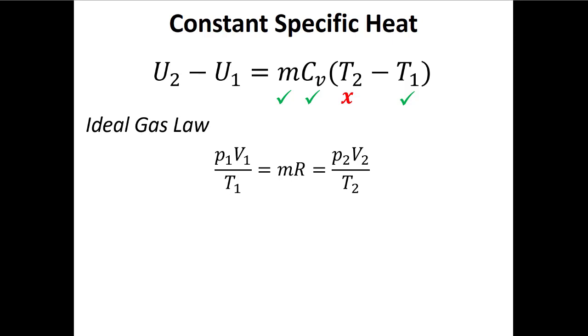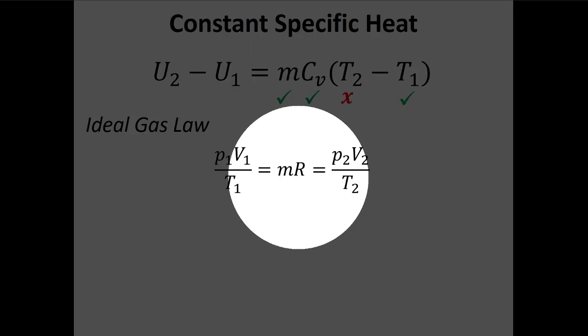So when I go between state 1 and state 2, I'm going to leverage the idea that this is an ideal gas law problem, so I can use the ideal gas law. I know that it's a closed system, so the mass remains constant. I also know that we have a specific gas constant here, R, right?